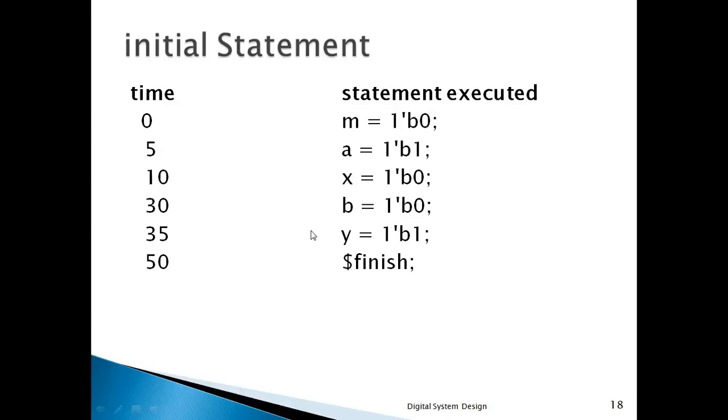Here you see that this Y will be assigned the value at 35 time units, B is assigned the value at 30 time units, and this $finish command will be executed at 50 time units.